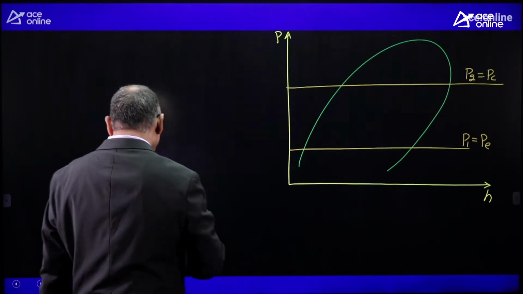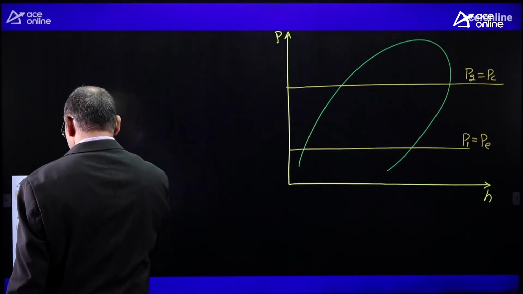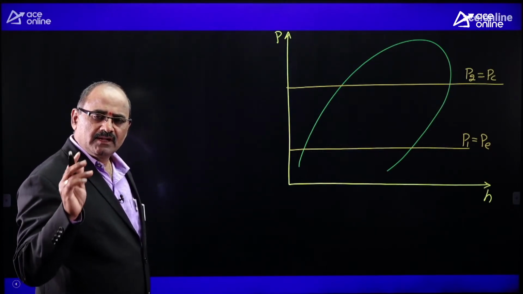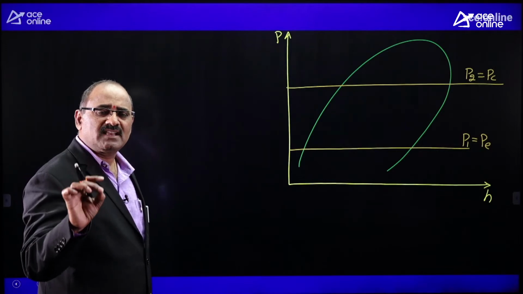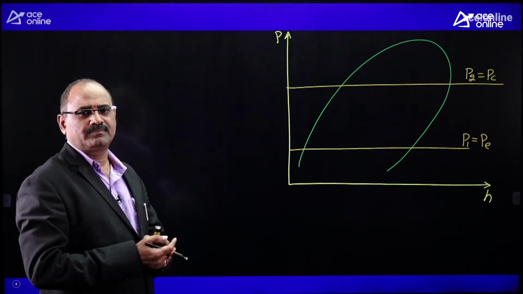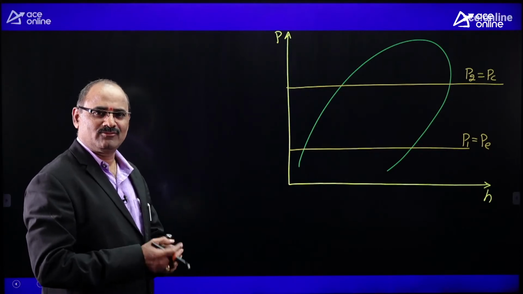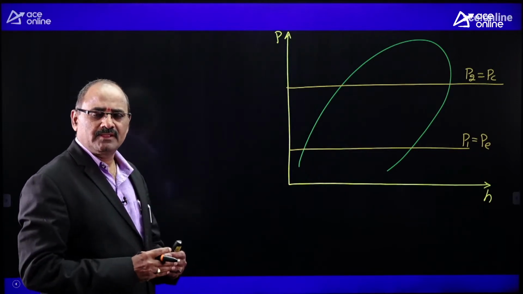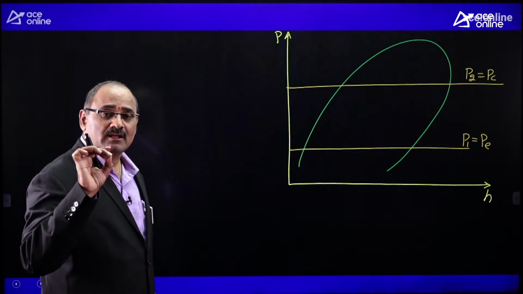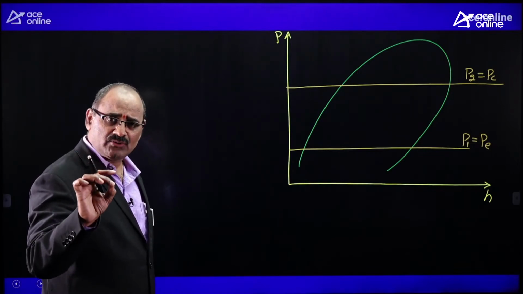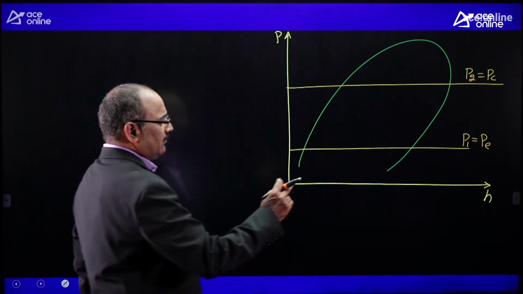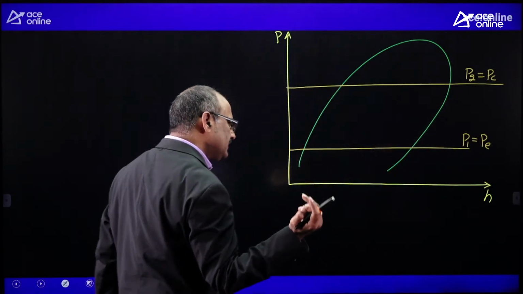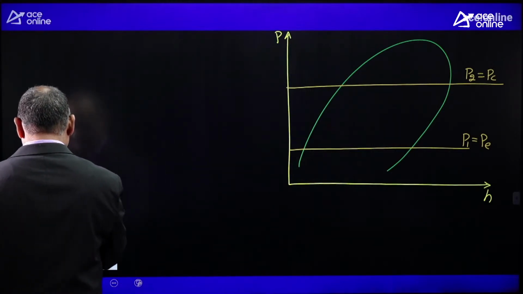Okay. Ideal vapor compression refrigeration system means the refrigerant is entering the compressor under dry saturation state. Got that point? Once again, ideal vapor compression refrigeration system means the refrigerant is entering the compressor under dry saturation state. For that, wherever the P1 line is meeting the saturated vapor curve, that is the beginning of the compression.